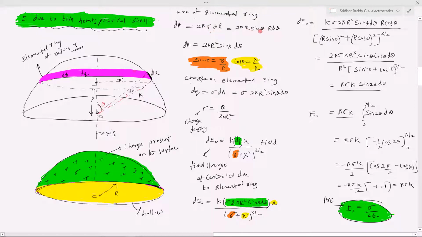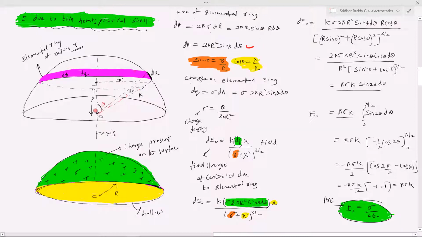What is dl? dl is the arc length, equal to R d theta. So dA is 2 pi R square sine theta d theta.